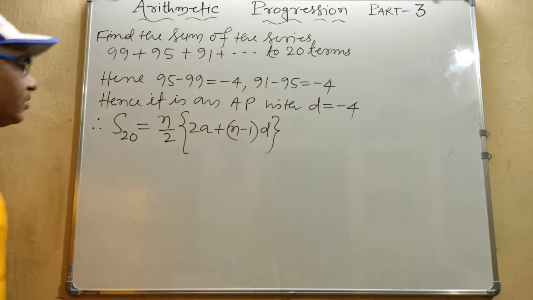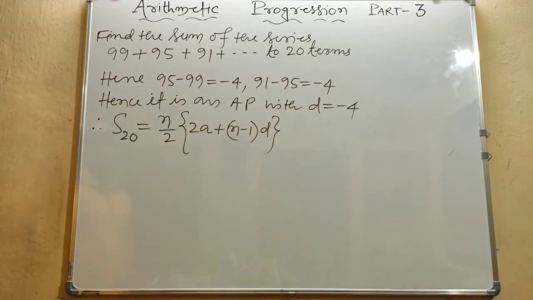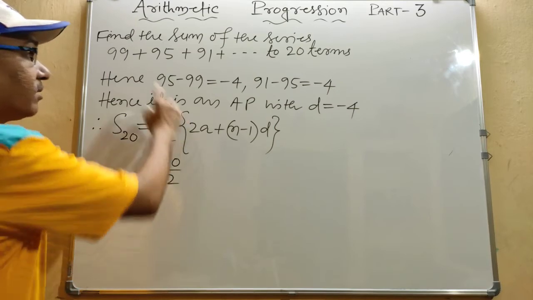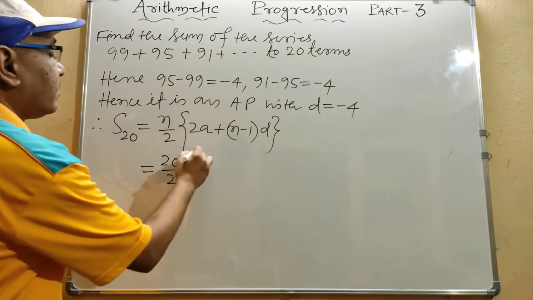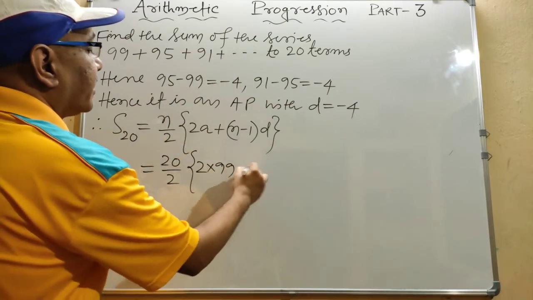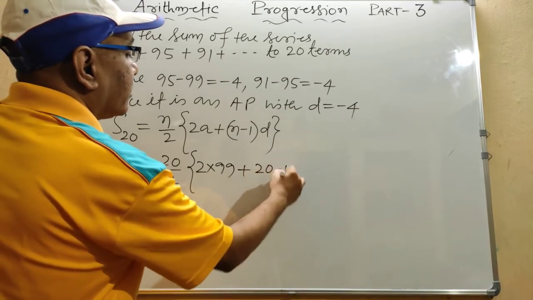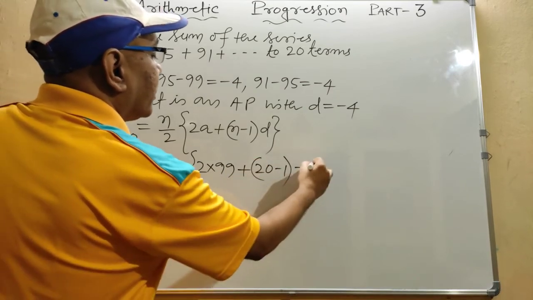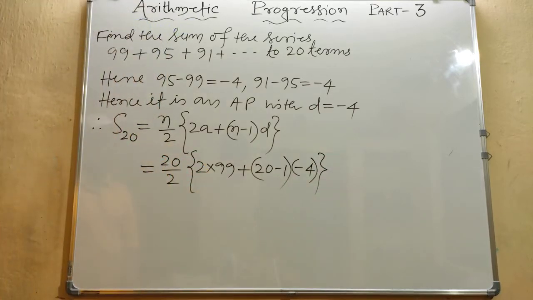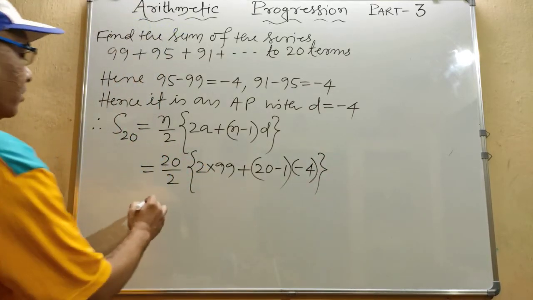This formula will be used to get the sum up to the 20th term. Here n means 20. 2a is 99, n minus 1 into d. By simplifying, whatever comes will be the sum up to the 20th term.